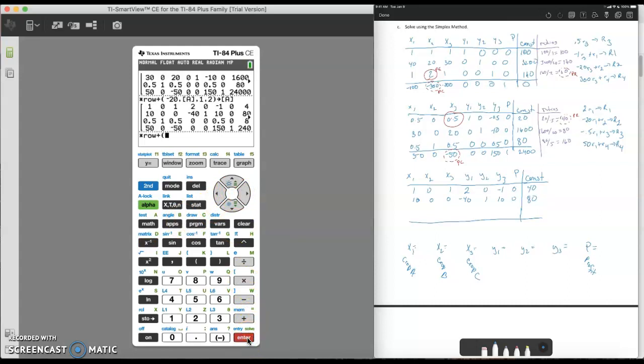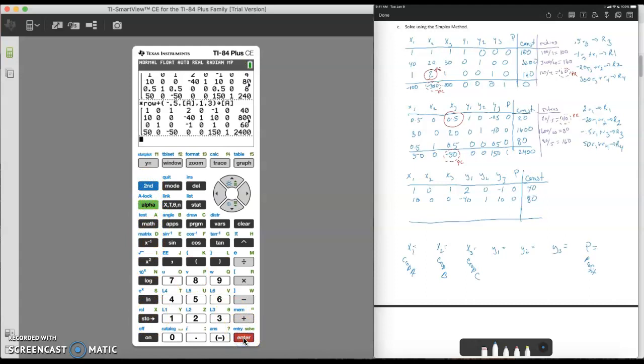Okay, so this time, sorry, we're doing a negative 0.5. Second matrix, there we go, A, to row 1 to change row 3, and then store again. Okay, so our new row 3 looks like it's 0, 1, 0, negative 1, 0, 1, 0, 60.